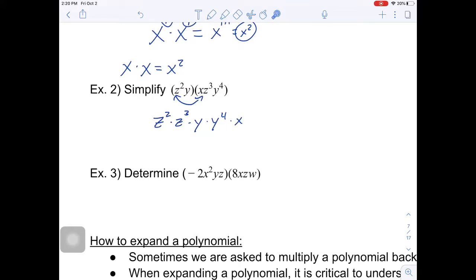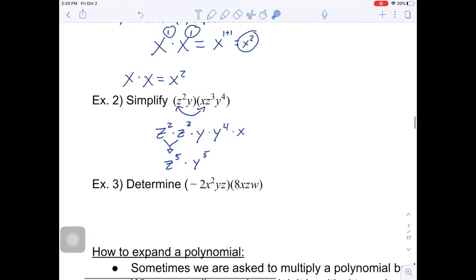So here I have two similar variables, so I'm going to add their exponents. So this will be 2 plus 3, which gives me z to the power of 5. Okay. Here I have y to the power of 1 times y to the power of 4. Well, then you add their exponents. 1 plus 4 equals 5. So this is y to the power of 5.